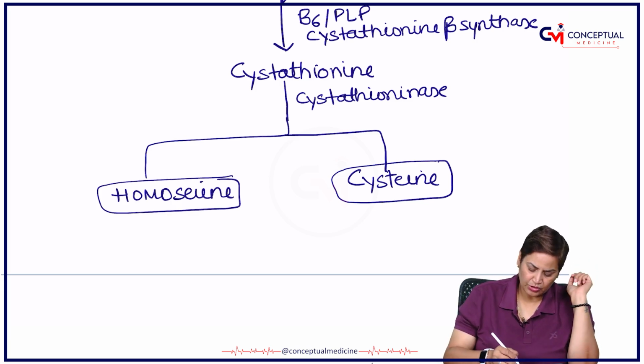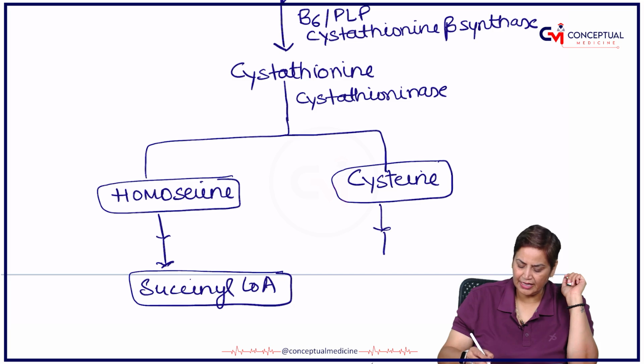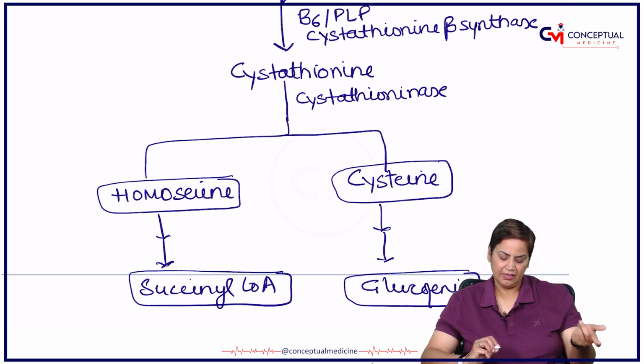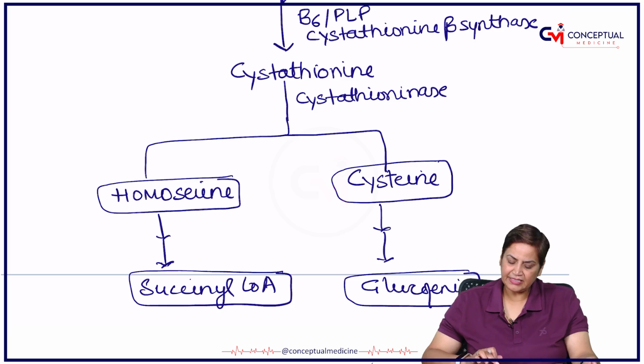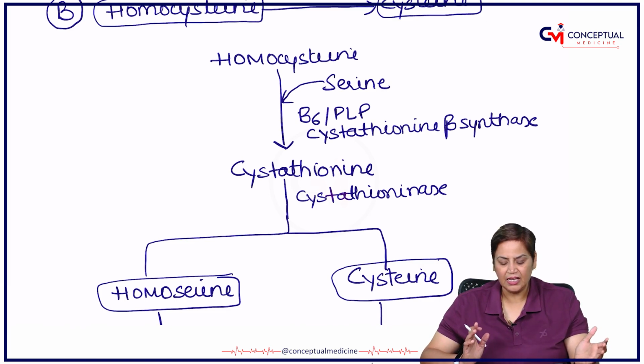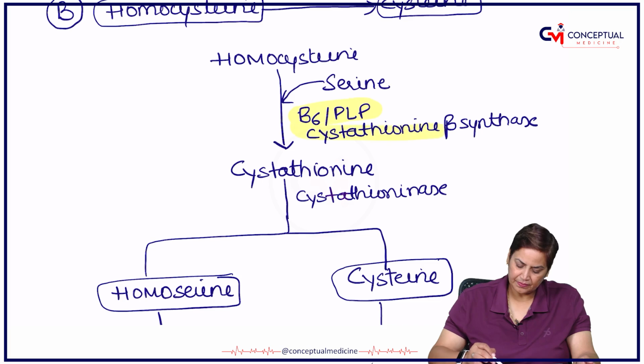This homoserine can later be converted to form succinyl coenzyme A. And cysteine also can later be converted into, you can say, glucogenic amino acid. It forms pyruvate in the end, right? So we can say that homocysteine, while being converted into cysteine, requires B6 as the coenzyme, right?